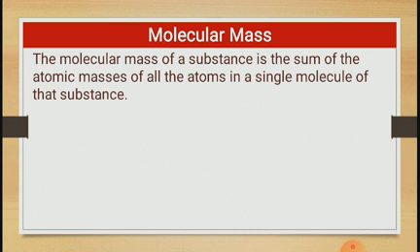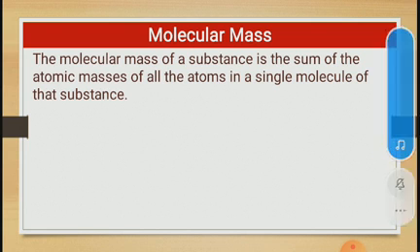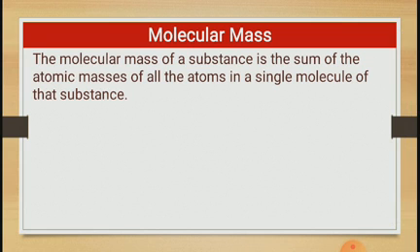First of all, what is the molecular mass? Molecular mass means the number of atoms in the given chemical formula and the atomic mass of each element. Molecular mass of a substance is equal to the sum of constituent atomic masses.